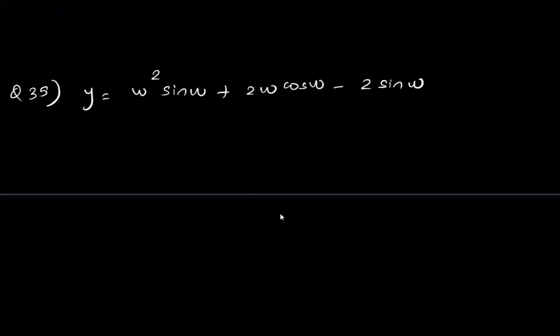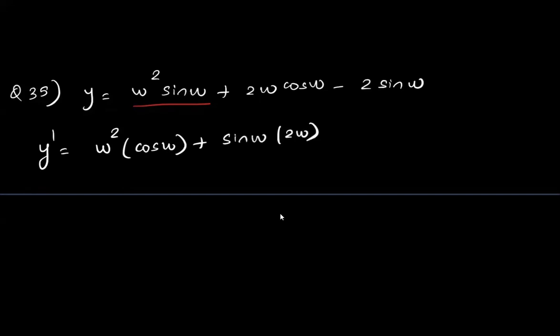All right, here I have products and sum and difference of products. So be careful here. This is a product here, right? So I apply the product rule. So I keep the first term as is and then take the derivative of the second, plus keep the second term as is, take the derivative of the first.